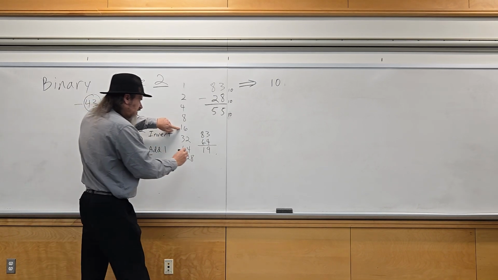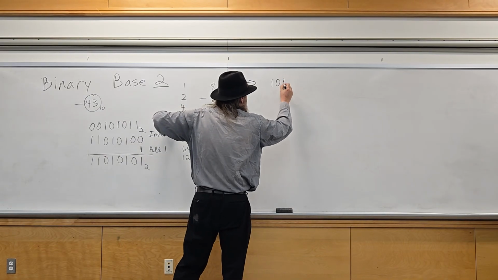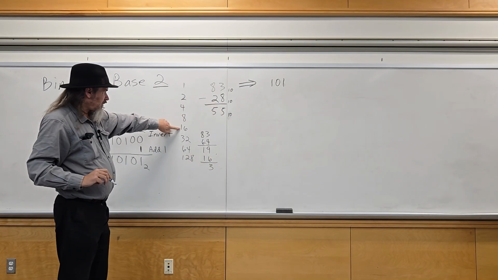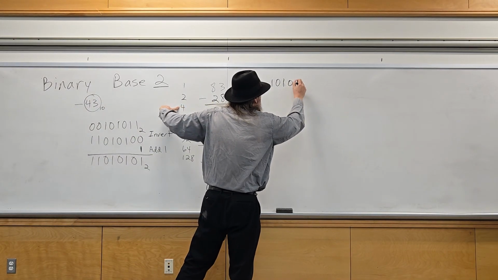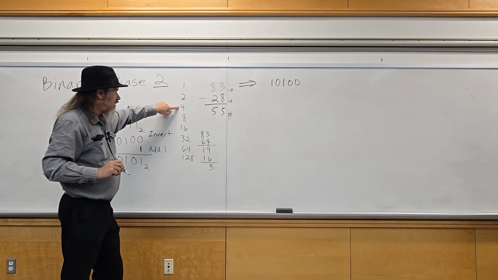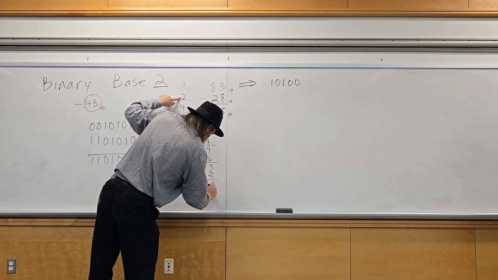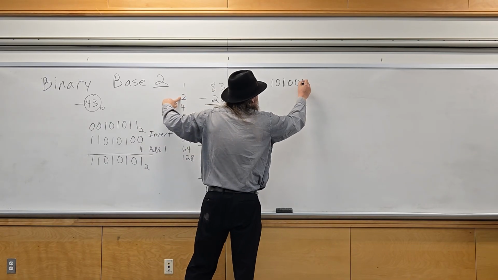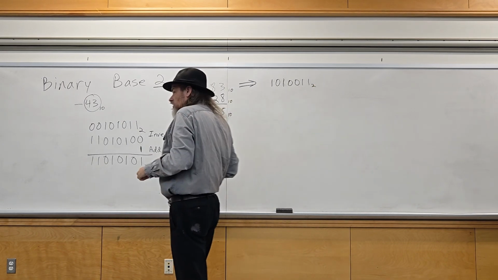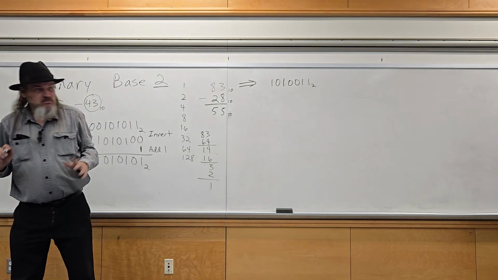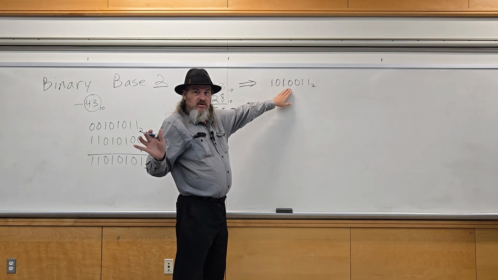You can get a 16 out of 19, so put a 1 in the 16th position. Can't get an 8. Can't get a 4, so 2 zeros there. Can get a 2 and a 1. So that is 83 in base 2, in binary. But this is only 7 bits. We're going to deal with a byte.